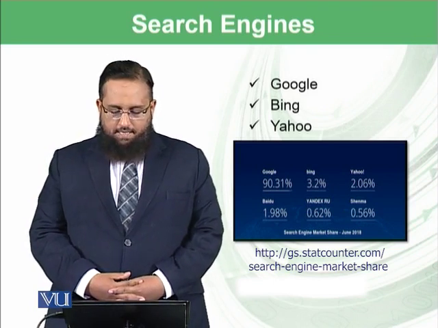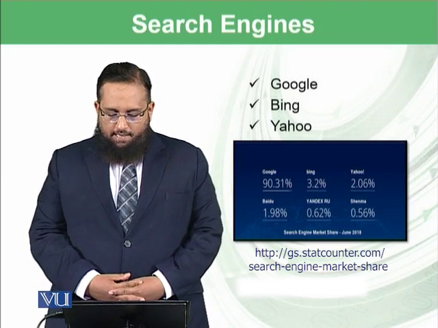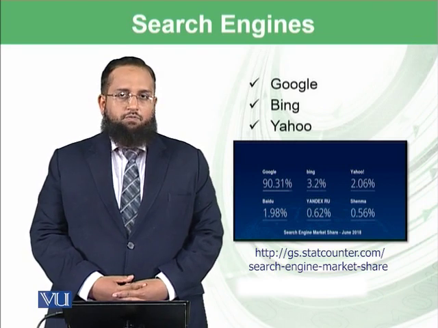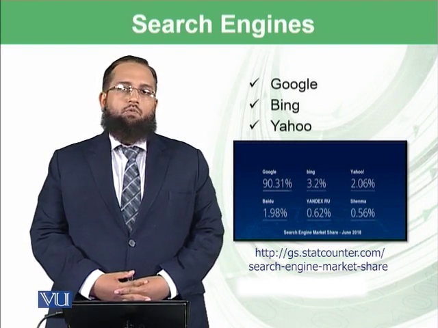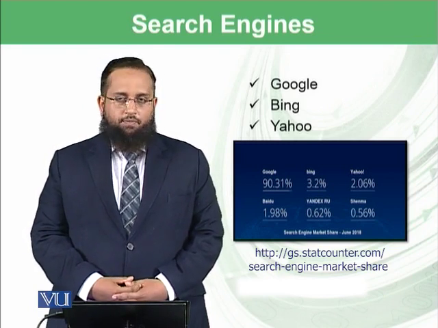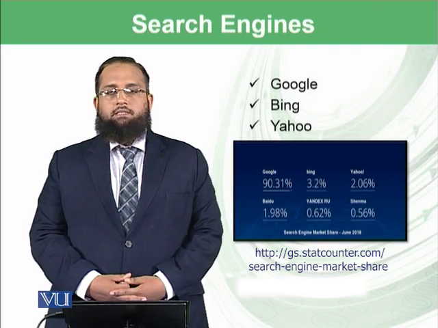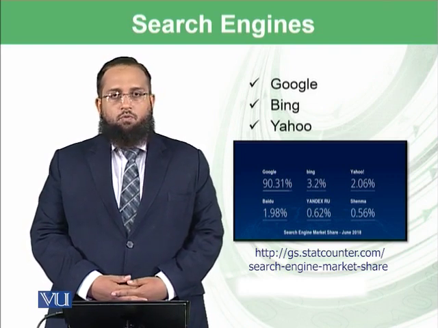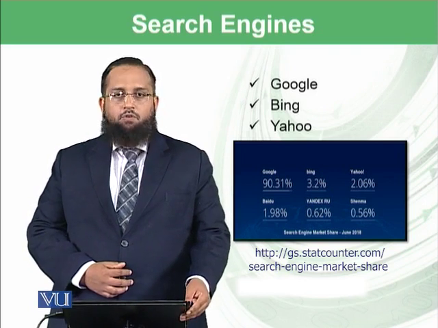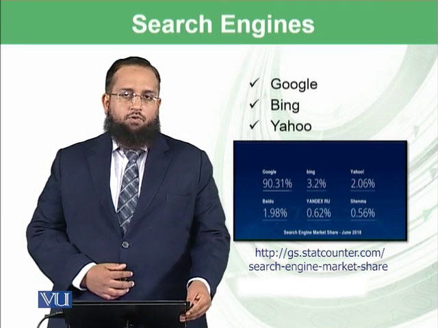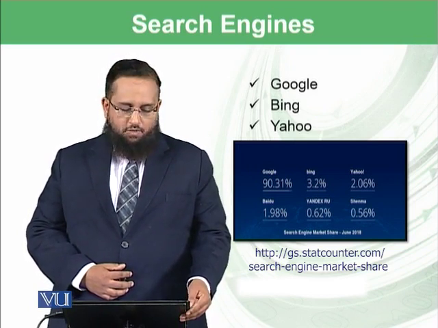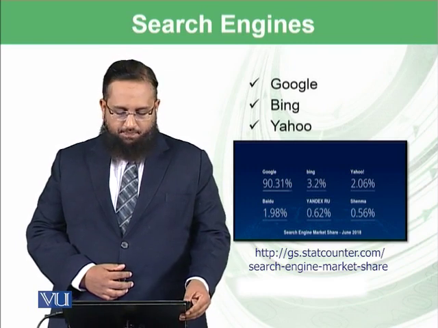But you can see in the diagram that Google has captured more than 90% of the market share, which means Google is being used by more than 90% of the users in the world. So that makes Google the best choice to explore for searching. But I am not restricting you to search on Bing or Yahoo. You can search on Bing and Yahoo as well to see the differences in the search results.